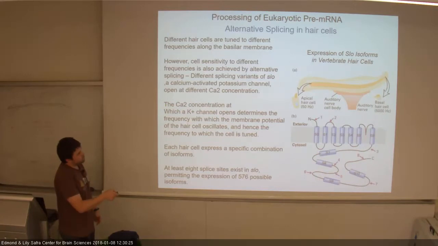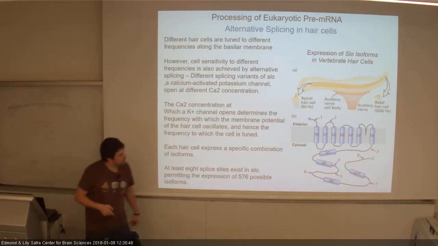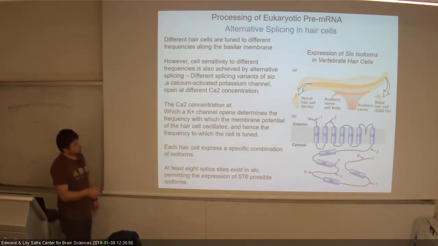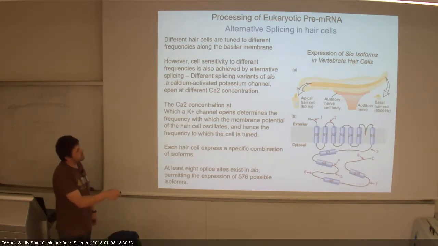The physical properties of the membrane determine the encoding of sound frequencies from different spectrums. For example, in the thick portions, the hair cells will vibrate at 50 hertz, and in the thin portions, the hair cells that are responsible for detecting this vibration will vibrate at 5,000 hertz.